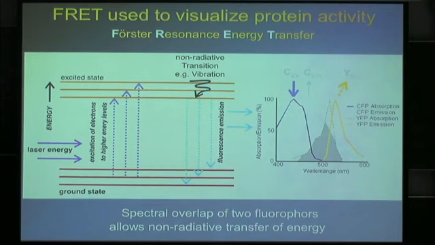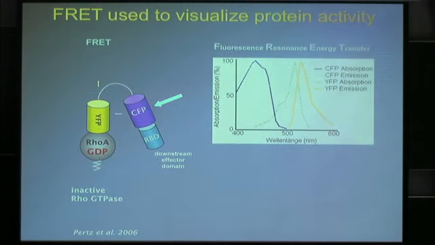How can we use this? A colleague of mine, Olivier Pertz, used this phenomenon when he generated an activity sensor for RhoA, a single chain construct that encoded the GTPase itself, the two FRET pair fluorophores, and the effector domain that would only bind to RhoA.